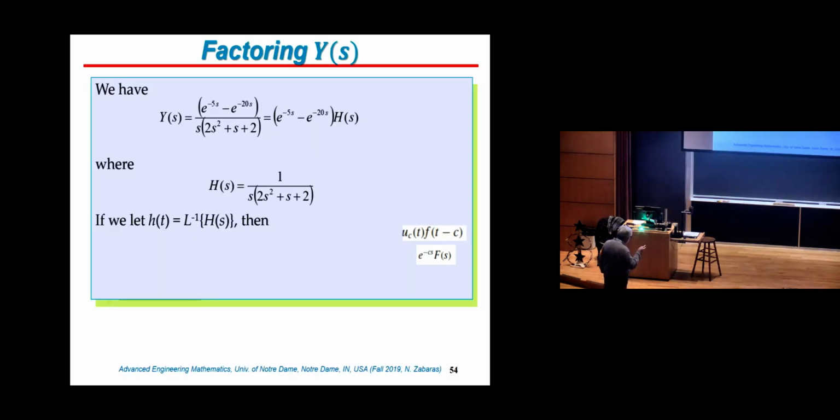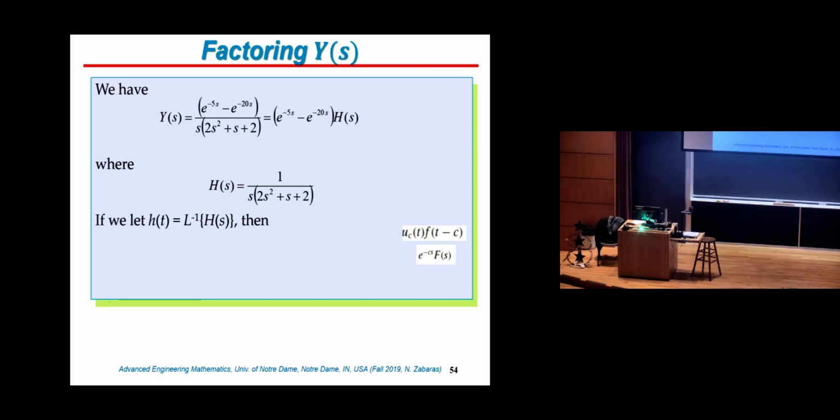With words, what is this function? I mean, I have a function f of t, so what is uc of t times f of t minus c? You have done the homework. Yes, please. It is the shifted step function.